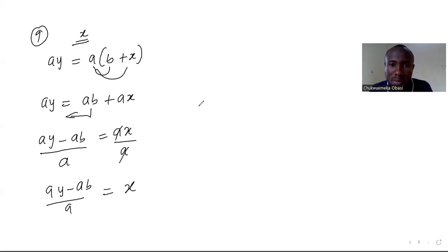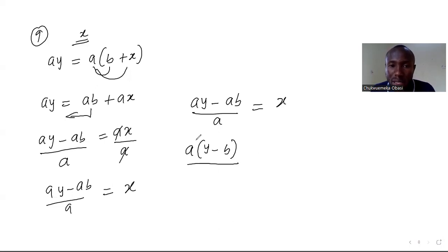You see a is common here in this numerator, so I can factor out a. When I factor out a, if a divides this quantity, you'll be left with y. If a divides this quantity, you'll be left with b. As if to say, a times y will give me ay, a times b will give me ab.